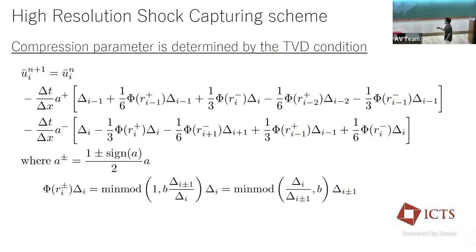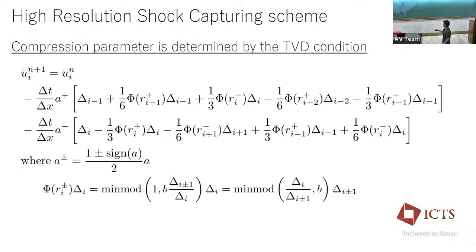For example, for the term whose phi argument value is r_i minus 1 times delta i, it is a minmod function times delta i, but because of the functional form of the minmod function, you can prove this combination is rewritten by this function, minmod of plus delta i plus minus 1.